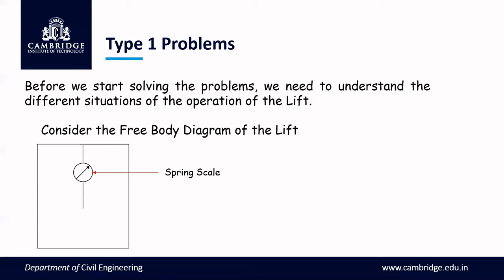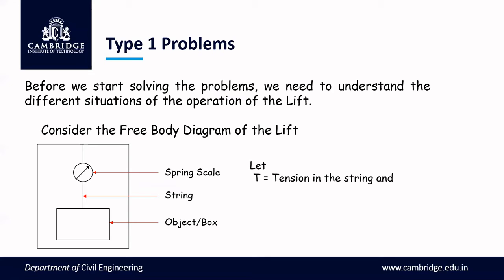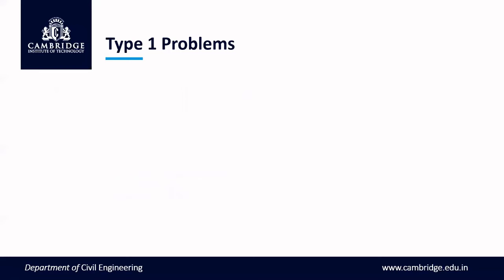That spring scale is being connected to a string, and that string is the connection between the spring scale and the object or the box in which we move around. Now in this particular thing, let's consider T to be the tension in the string and W to be the weight of the box. So different cases of lifts exist. The first case is the lift at rest, or it is not moving.